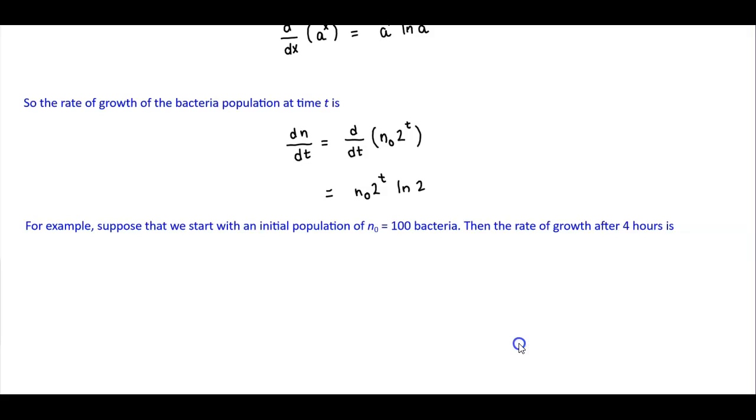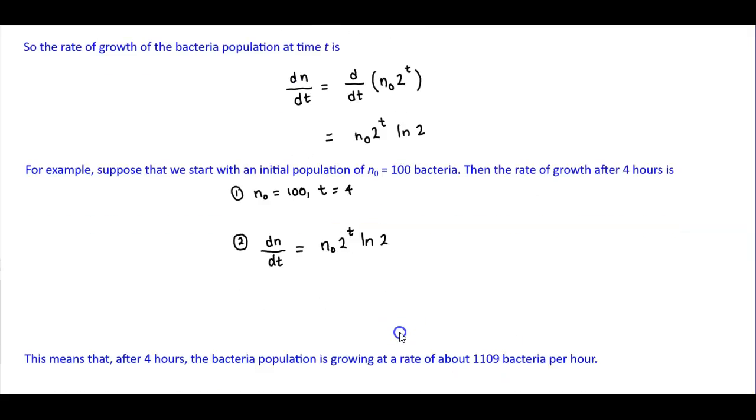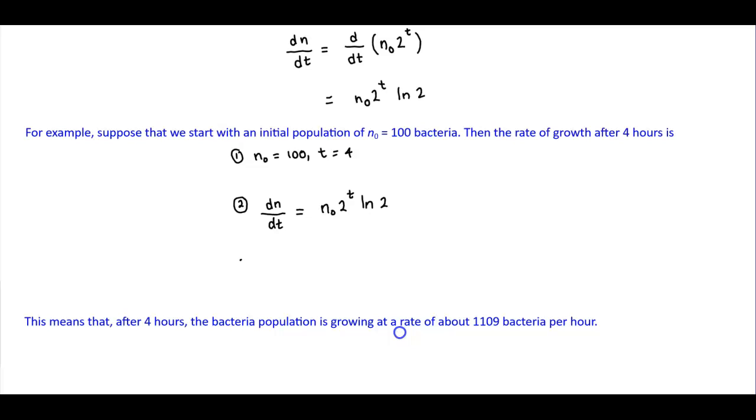We know that from our given information, the initial is equal to 100, and we know that t is equal to 4. And then we're going to plug it into the formula dn/dt, which is equal to the initial population times 2 to the t times the natural log of 2. So let's go ahead and plug that in.